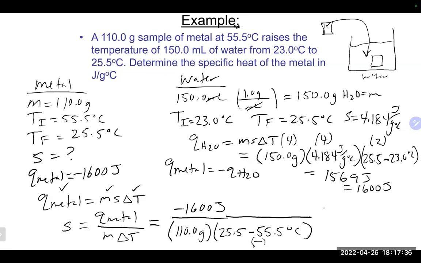That gives us a specific heat capacity of 0.48. None of these units cancel, which is good because specific heat capacity should have all 3 of those units, which would be 0.48 joules per gram per degree Celsius.